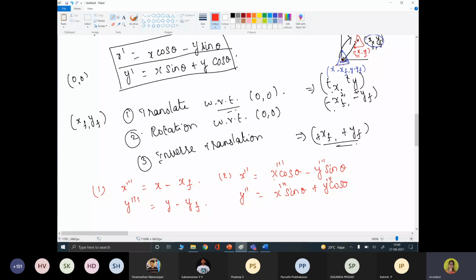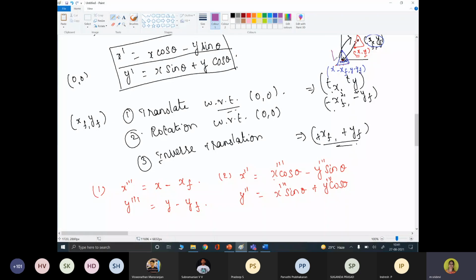But the problem we have is we need to perform rotation with respect to this arbitrary or fixed point, which is xf and yf. So what we need to do now is, after rotating, revert this back to the position by applying inverse translation so that you get the object in the rotated position.